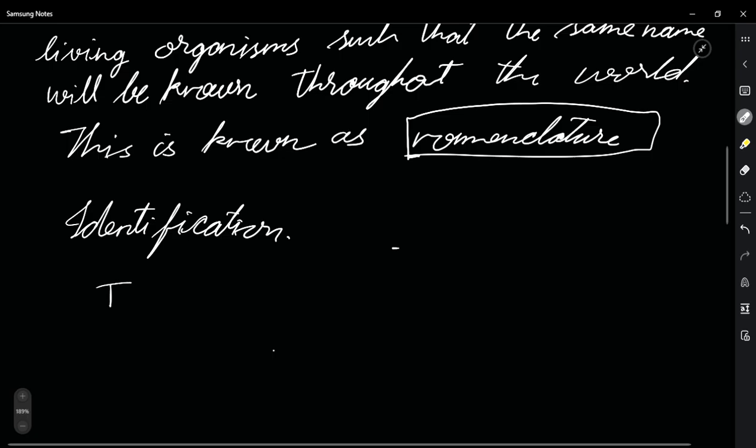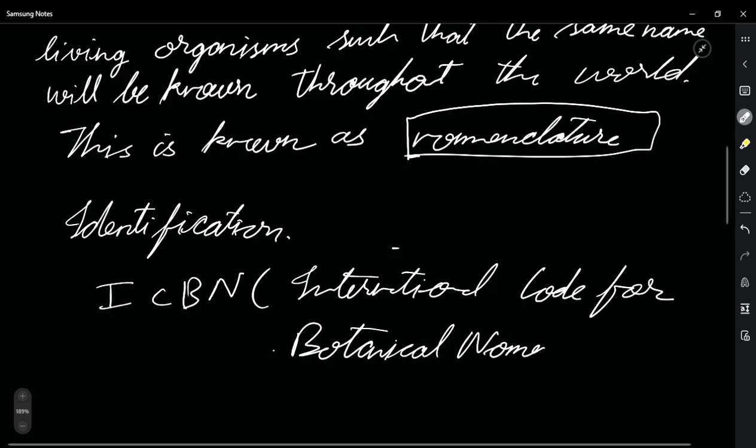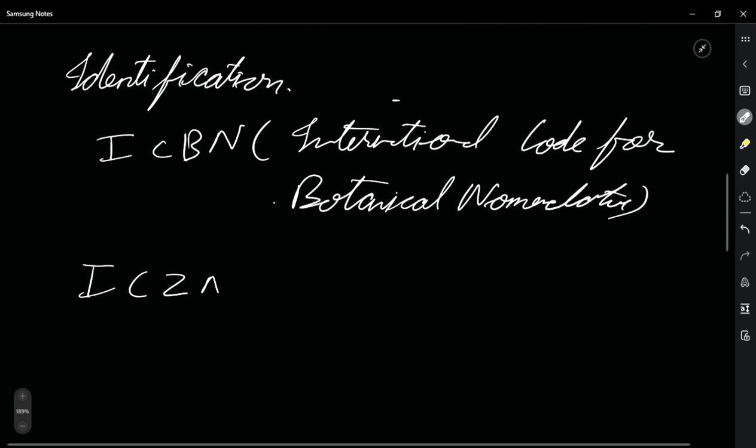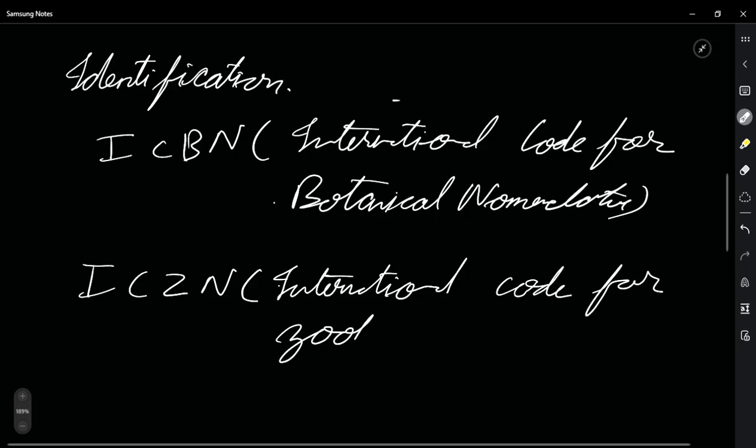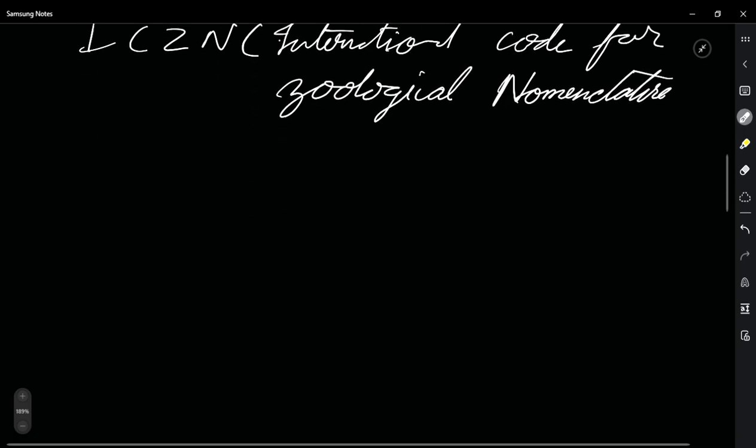There is a united body called ICBN, the International Code for Botanical Nomenclature, for plants, and for animals it is ICZN, the International Code for Zoological Nomenclature. These are the two governing bodies.